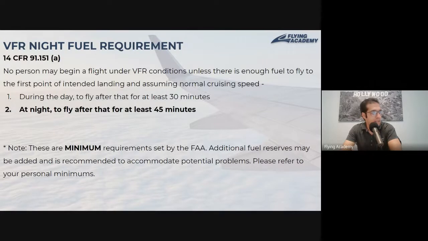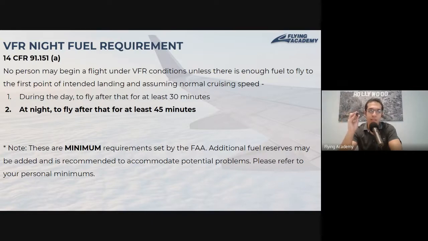That's the same thing for day. Minimum fuel. You need to fly from point A to point B, and point B is the point of intended landing, your final destination. Plus that, you should have enough fuel to fly 30 minutes at normal cruising speed after reaching the final destination point.